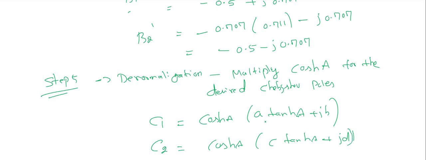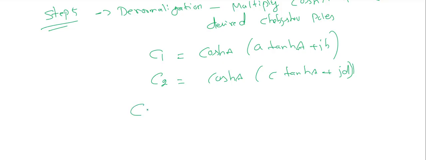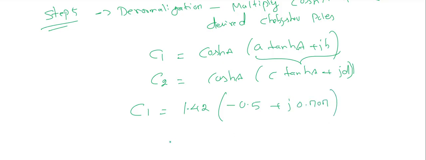Okay, so now C1 is equal to this cos HA value, 1.42, multiplied by B1 dash and B2 dash. So there is minus 0.5 plus j 0.707, which is equal to minus 0.71 plus j.